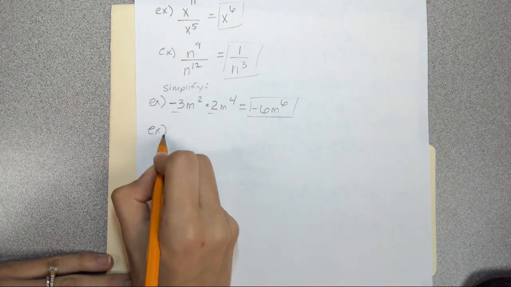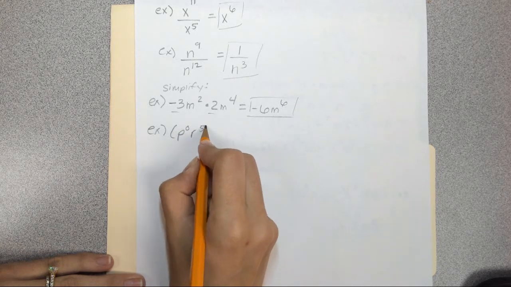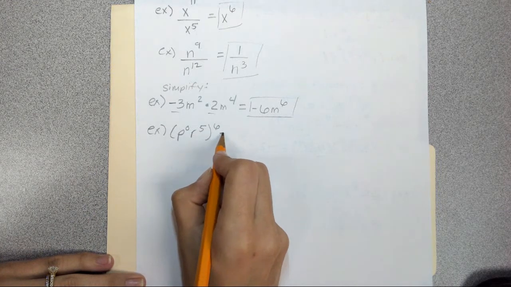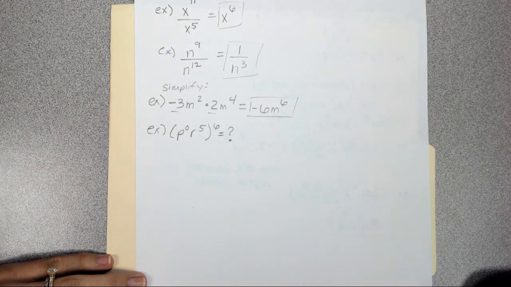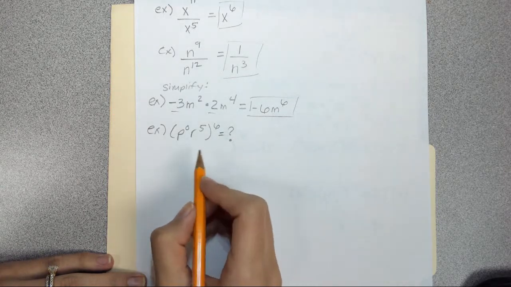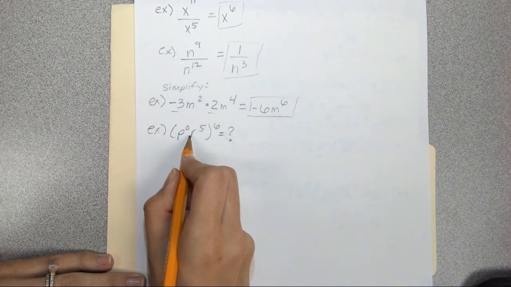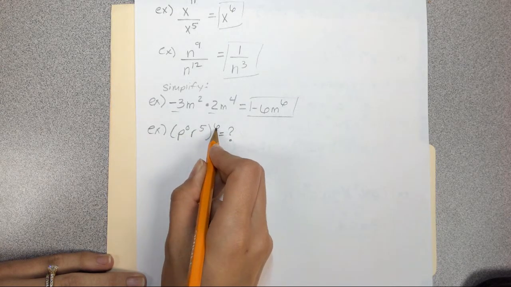Let's do another one. Let's say I had this. Well, what does that really mean? So I'm going to draw it out for you guys just so you can visualize what is going on here. So what you have here is p to the power of 0 times r to the power of 5 times itself 6 times.